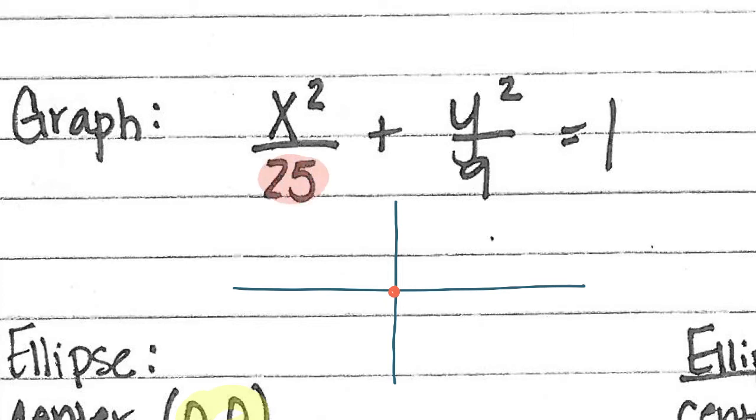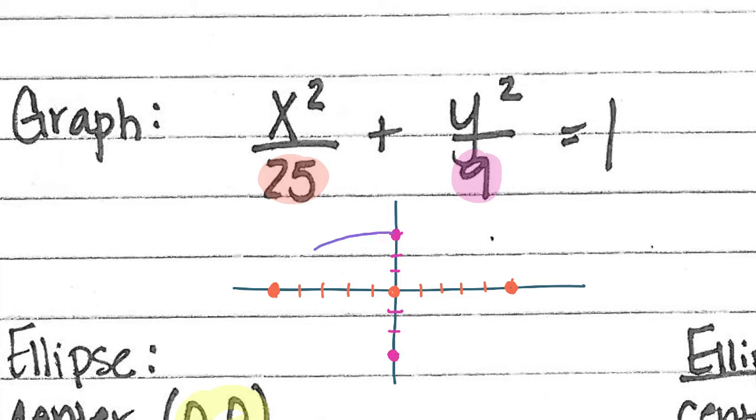On the x-axis, I take the square root of 25, which is 5, and I put a dot to the right and a dot to the left. The 9, which is smaller than 25, is a perfect square. So on the y, I'm going to go 3 up and 3 down.